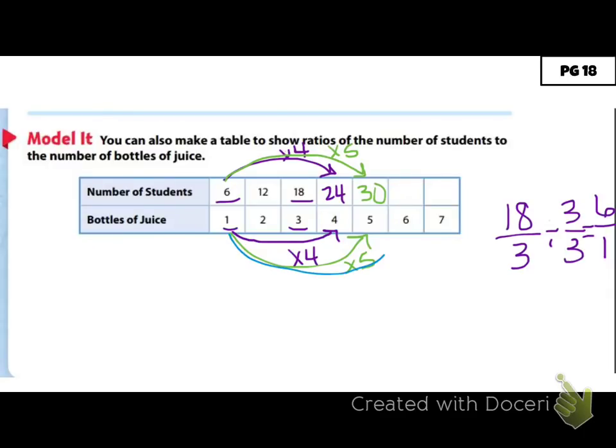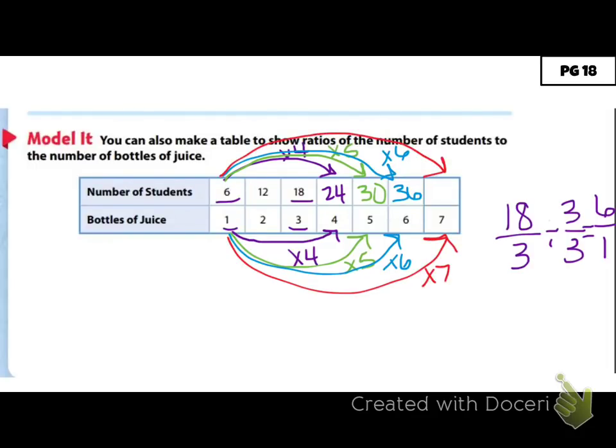And then 1 times 6 gives us 6, and 6 times 6 gives us 36. And then 1 times 7 gives us 7, and 6 times 7 gives us 42. So I'm basing it all on our rate so that we can see how to get from one to the next.